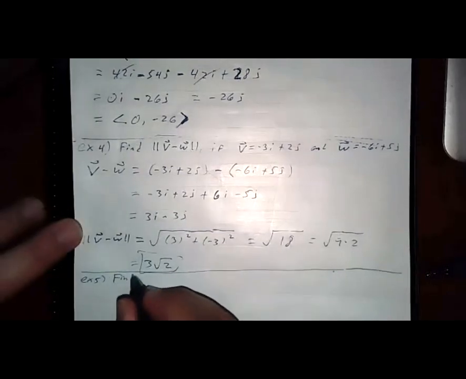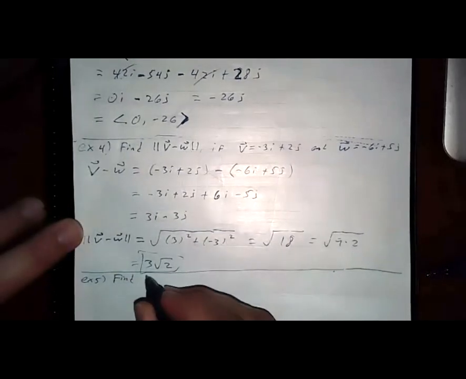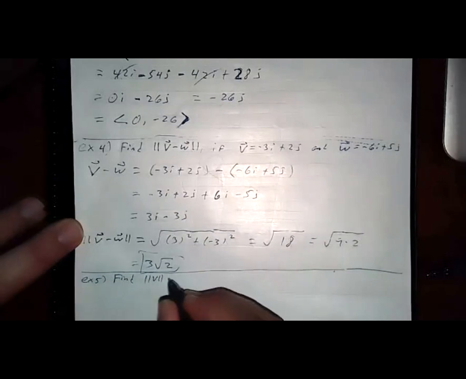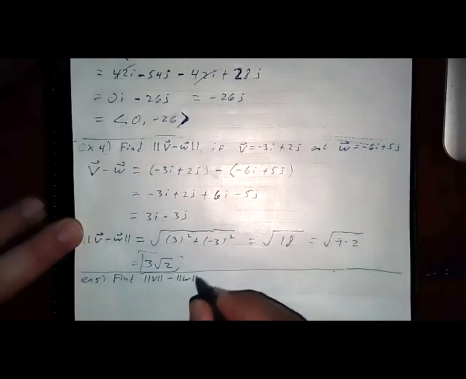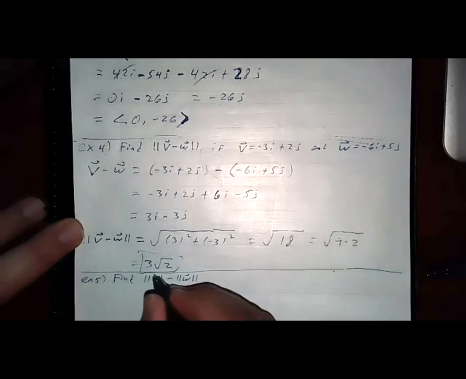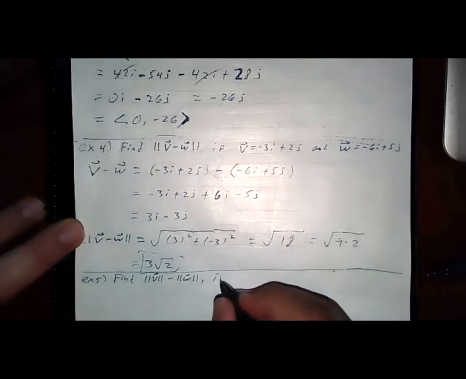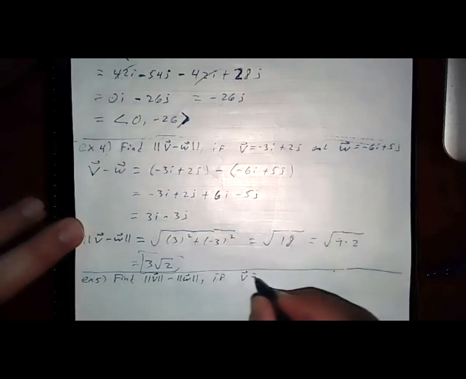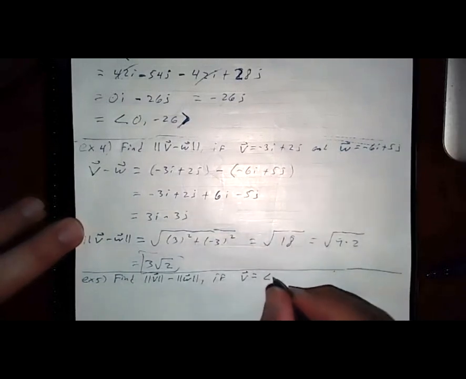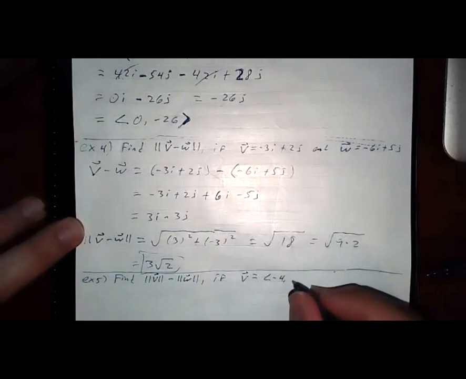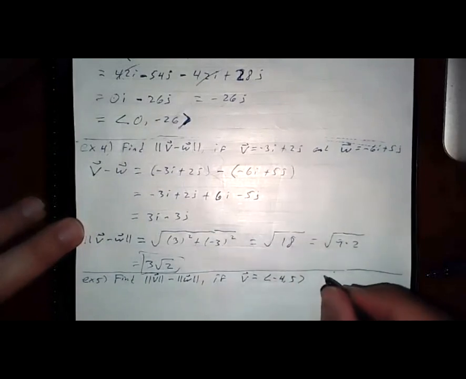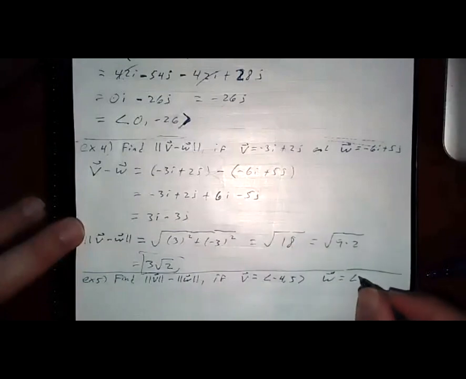So find the magnitude of V minus the magnitude of W. These are both vectors. If V is equal to -4, 5, and W is 2, -3.